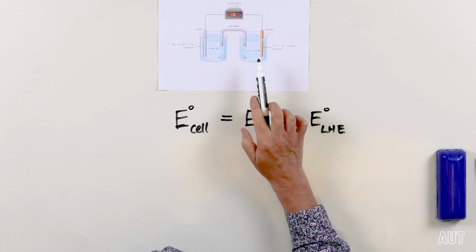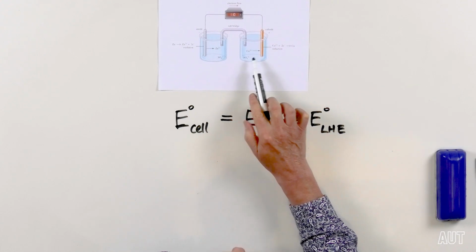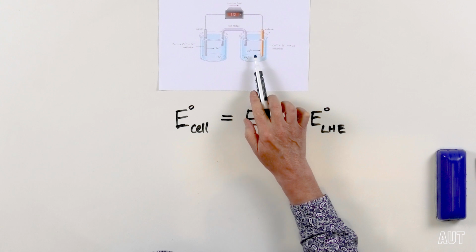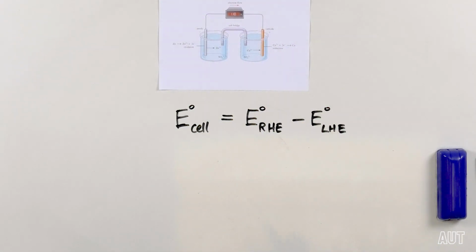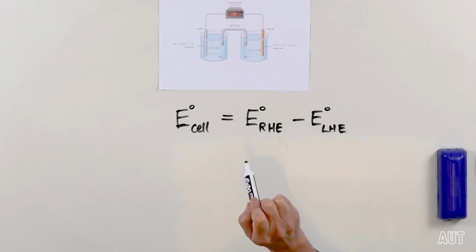But we have a problem, don't we? Because what's happening at the right-hand electrode, for example? The thing that's happening at the right-hand electrode is we have got a reduction. We have got copper 2+ and 2 electrons being reduced to copper. And that's it. That's happening by itself.